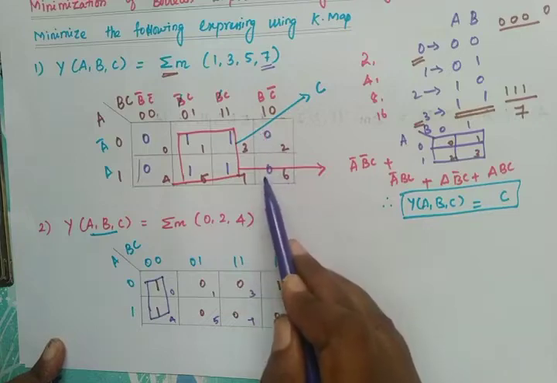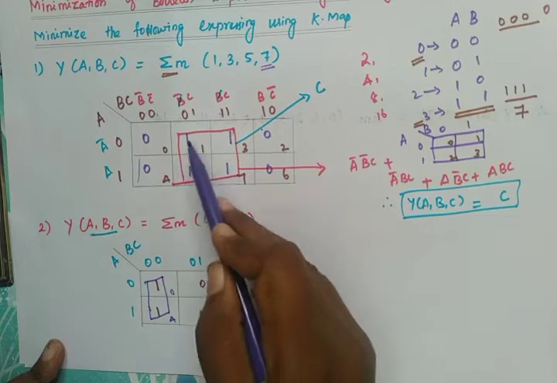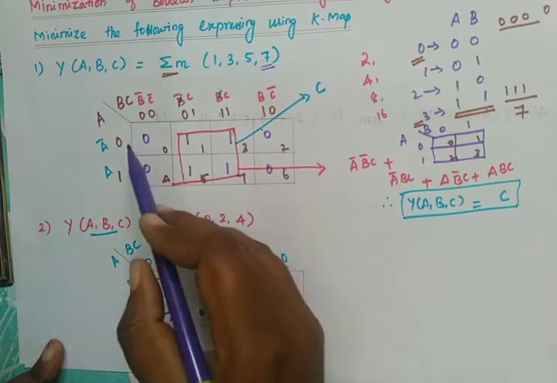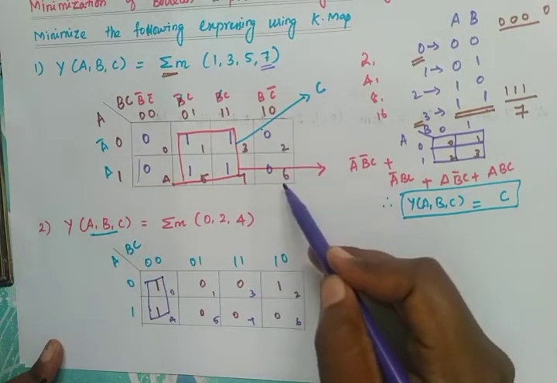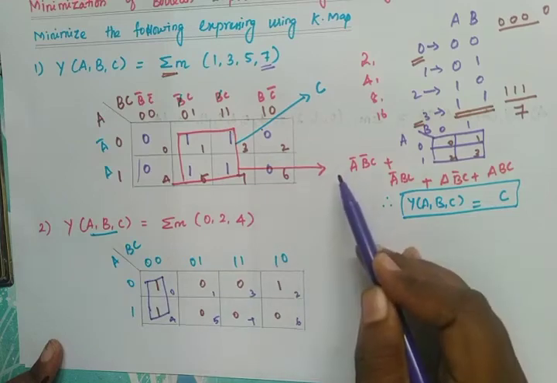If we have only 2 ones here, then we can group these 2 ones. And 2, 2, 2, 2, we can group. If we have 2 ones here and 2 ones here, then we can pair these corners.